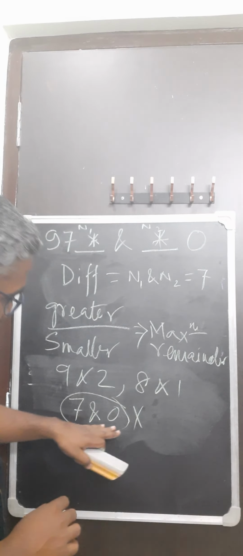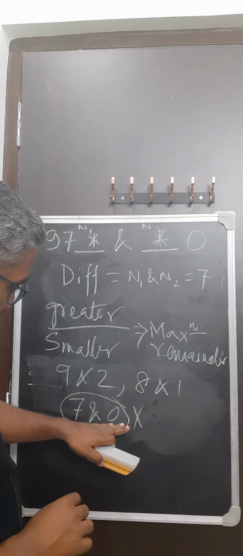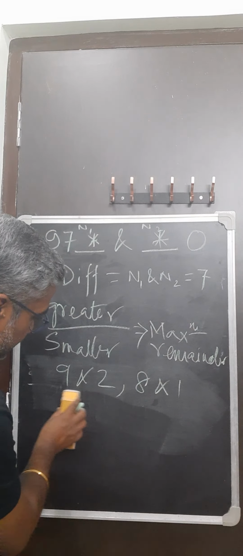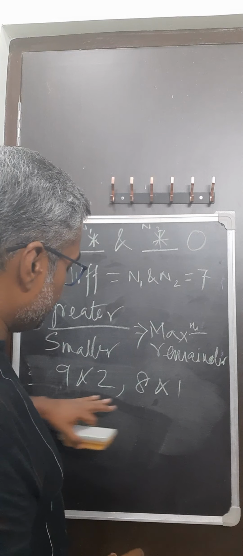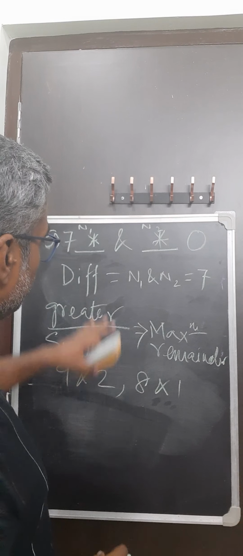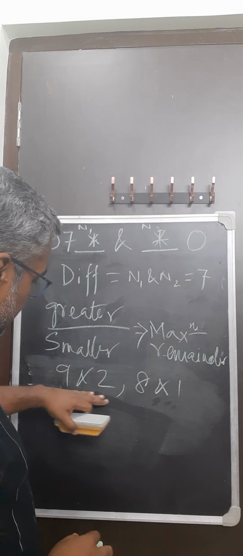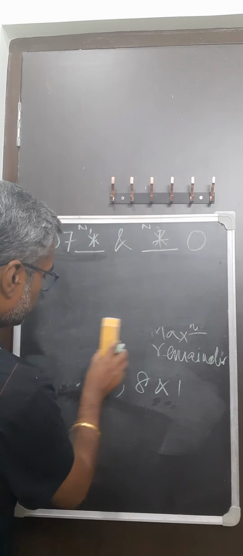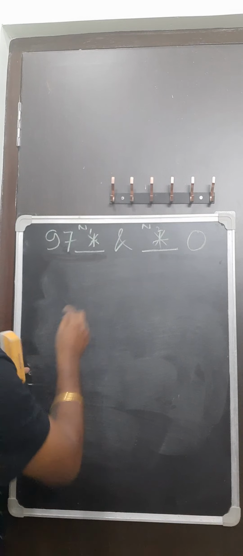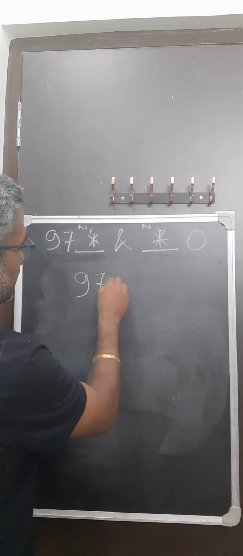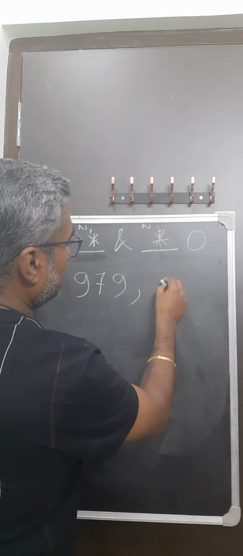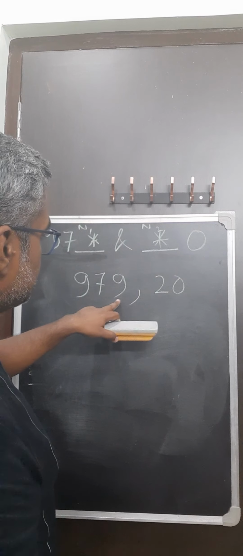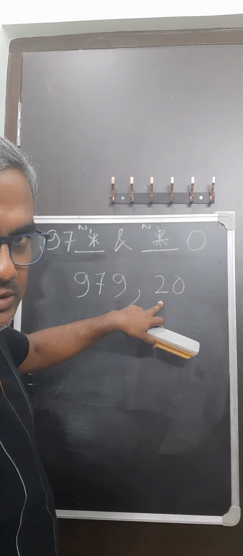So this combination cannot be accepted, and I can erase it right now. Out of the rest, anything can be possible. So let's put the first pair in and see what we get. If I put the first combination, 9 and 2, where the difference is 7, I get the number and the other number 20.